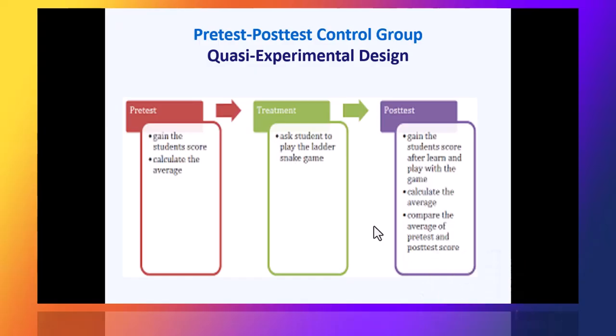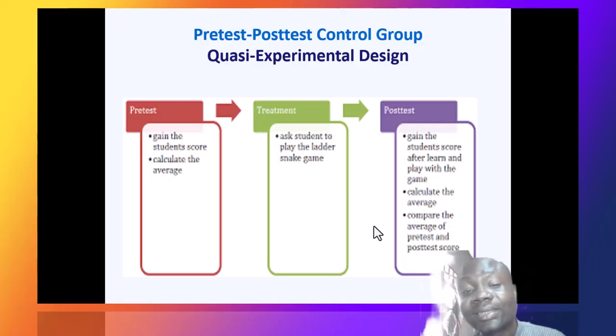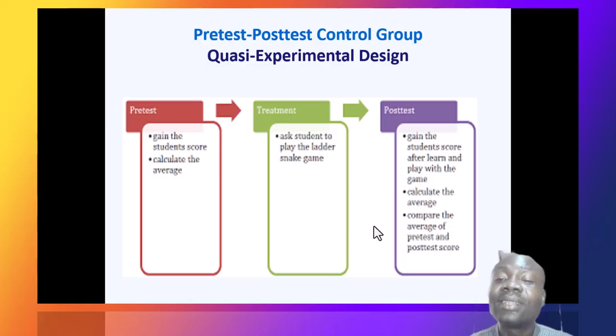For example, let's say we want to use snake and ladder game to teach students counting, and after that the other group will not get snake and ladder game, they will get the pre-test. Then after the end, the two groups will get the post-test. So as a result of this, we will now be able to compare the results.